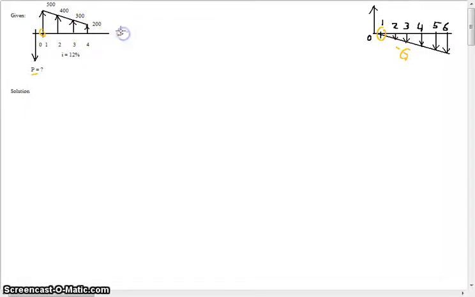Let's add these two together. Let's draw our cash flow diagram. Here we have our year 0, and then we'll have year 1, and our uniform series will be 500 all the way up to year 4.